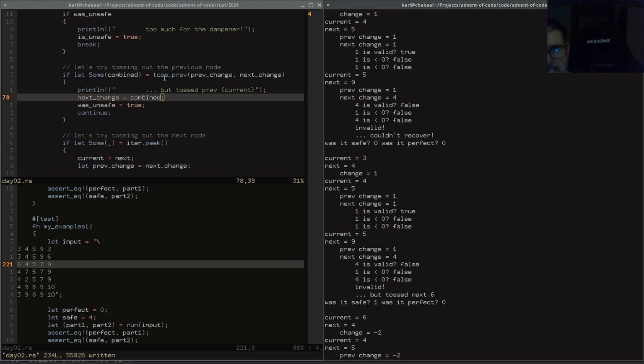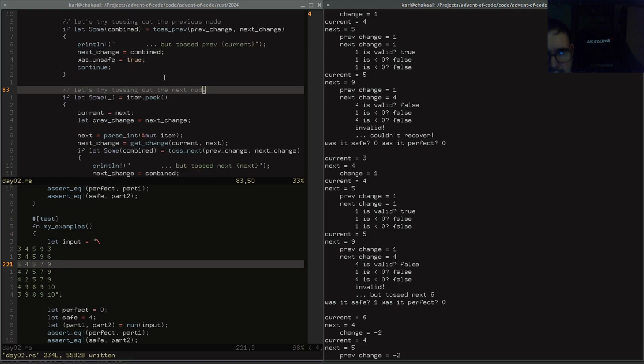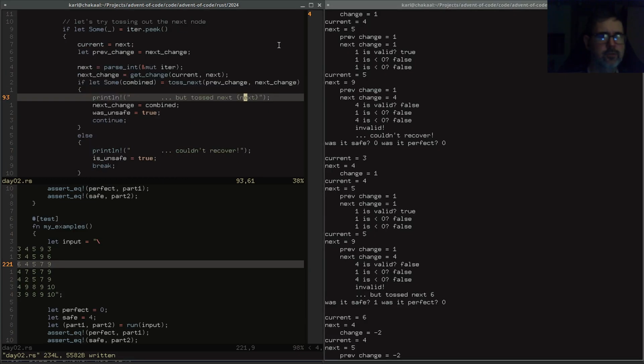Tossing. So I think this is just strong here.